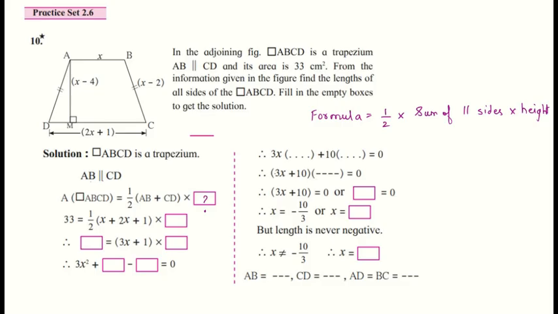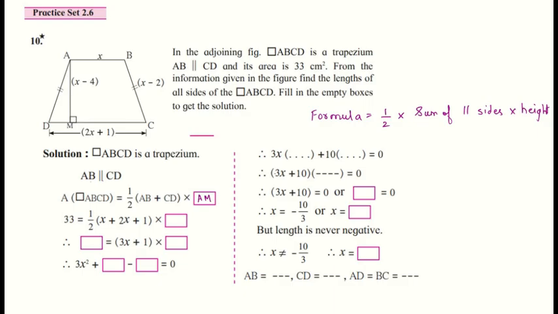What are parallel sides? Which is AB and CD, that is sum of AB and CD into height. What is height? Height is AM, because AM is perpendicular to both the parallel lines. Here it is AM.